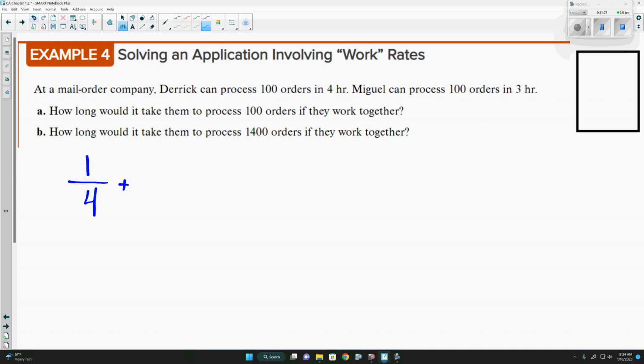Well, erase that, because this is for Derek. For Miguel to do it, we're looking at 1/3. And our total, 1 over the time, would be 1 over x. Now, for some, we would say 1 over t for them to process this order.